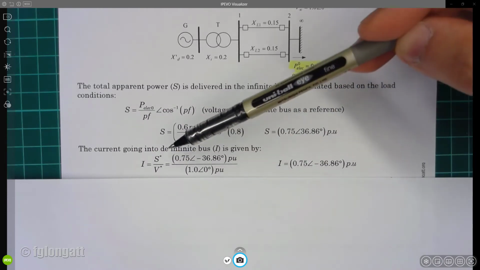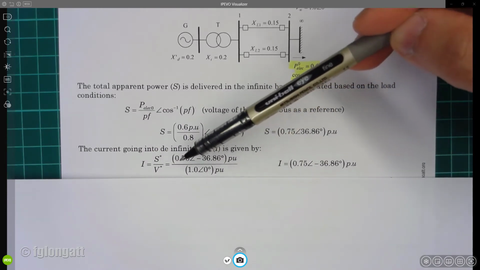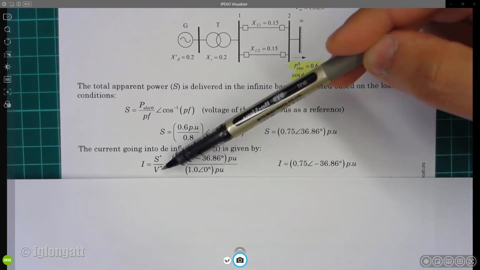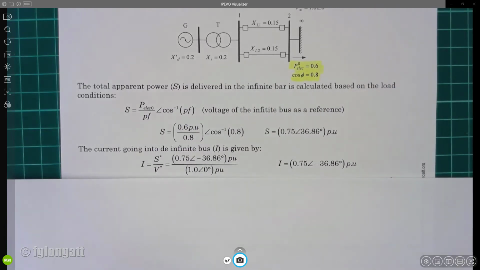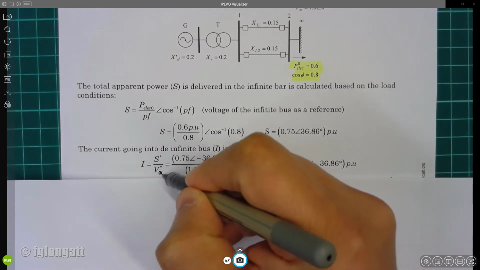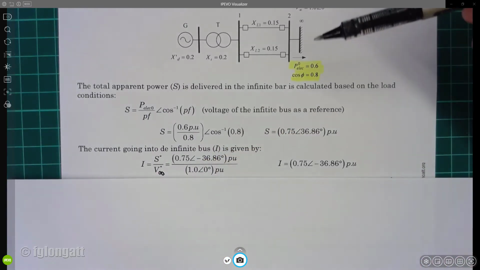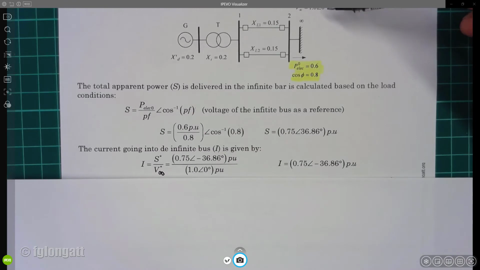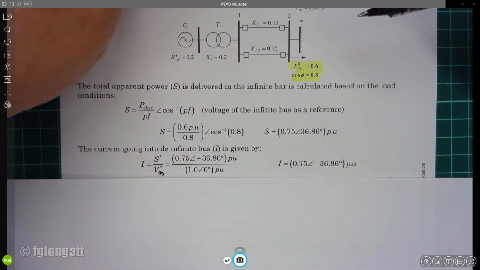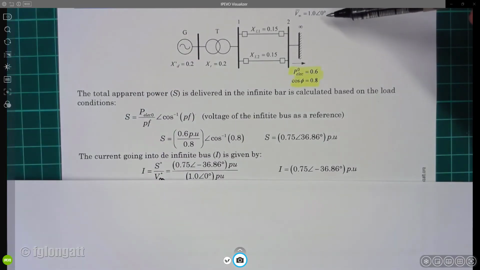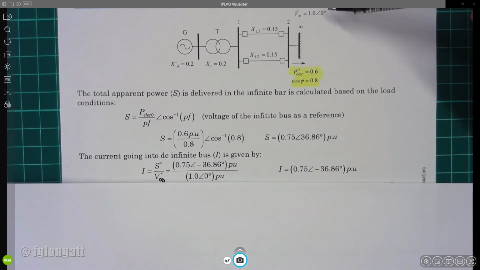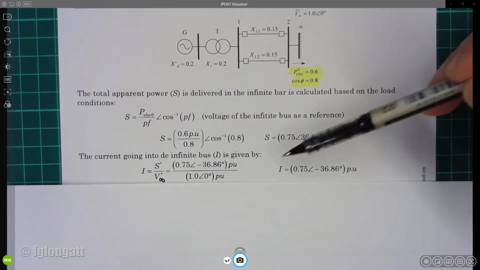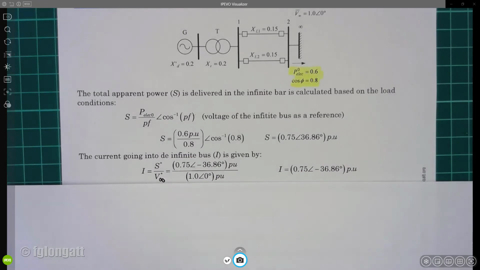You must remember the equation for apparent power, and in the denominator we have the voltage of the infinite bus bar, that is 1 per unit, already given. We are assuming this voltage is the reference, so the angle is 0 degrees, and from there we obtain the current, the phasor representing the current in that system.